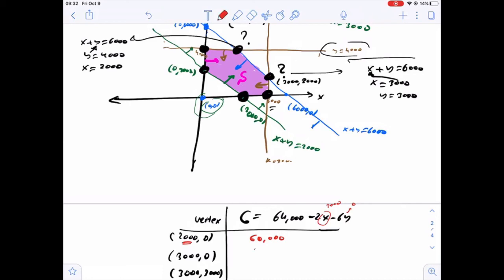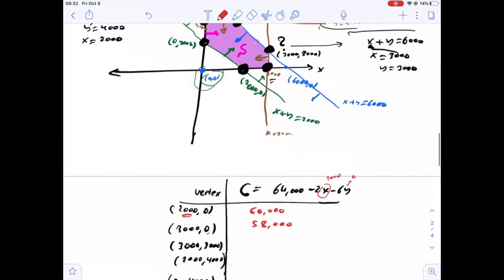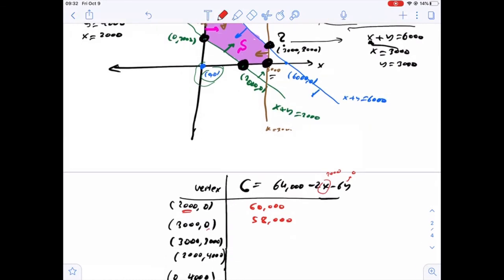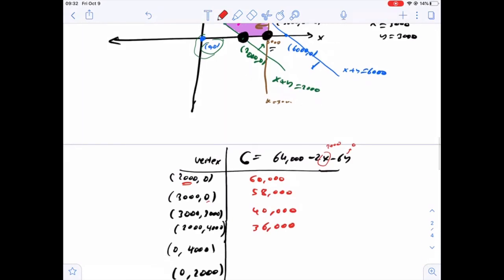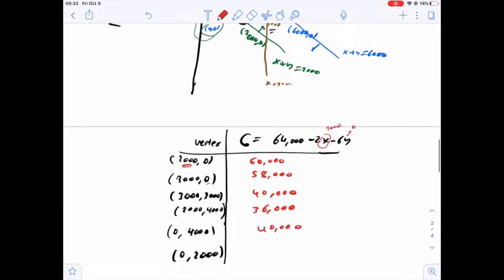This will give us 58,000, and 3000 gives us 40,000. 2000, 4000 give us 36,000. 4000 give 40,000, and 2000 when x equals 0 and y equals 2000, this gives us 52,000.